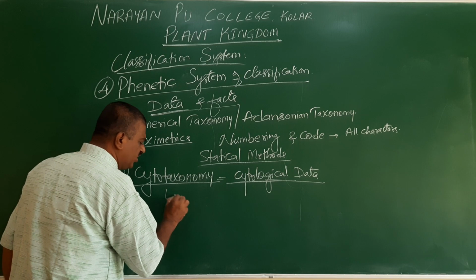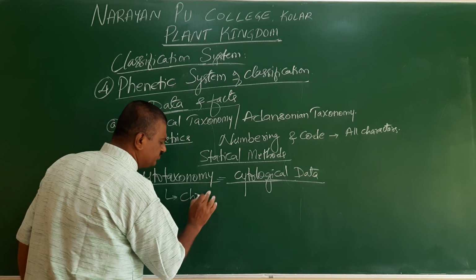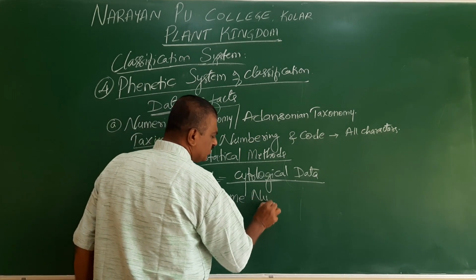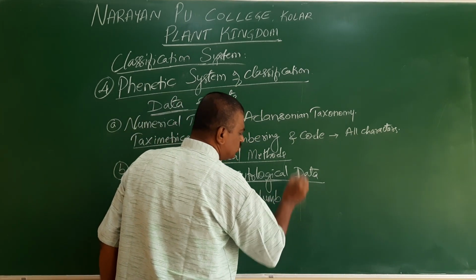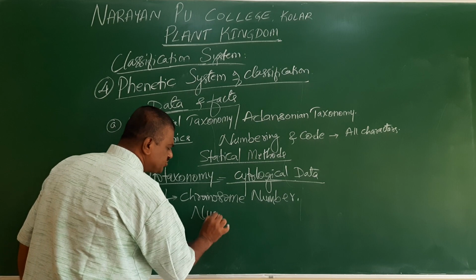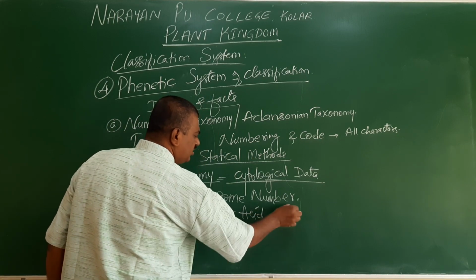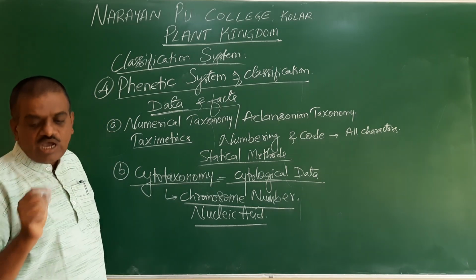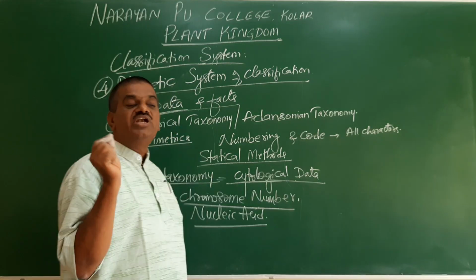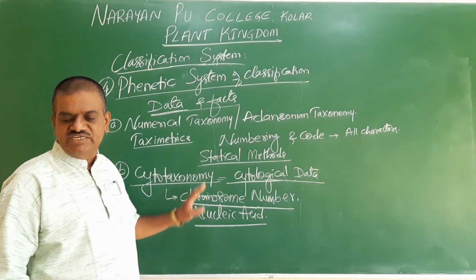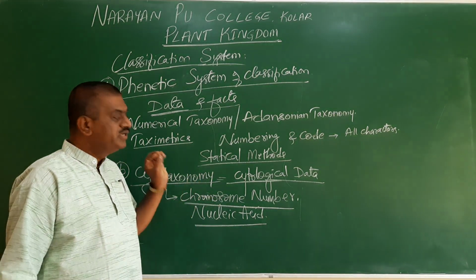It may be in the form of chromosome number, based on nucleic acids, DNA or RNA. So how a cell is functioning, what the structure of nucleic acid is, and the behavior of nucleic acids, based on this it is classified.